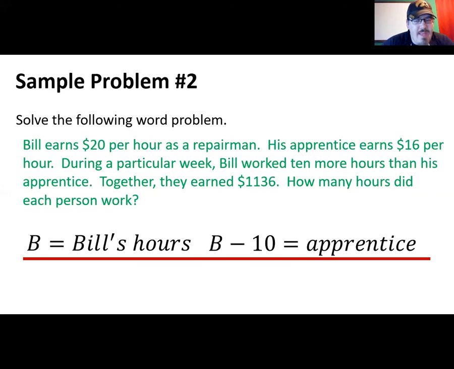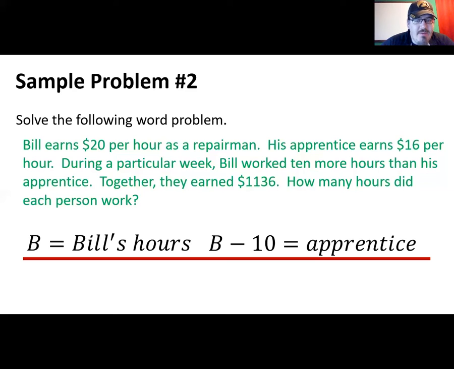So I'm actually doing the opposite of how it's written in the problem, because since Bill worked more, we have to subtract off of his amount to find the apprentice, because the apprentice worked less hours. So B minus 10 is going to be our expression for the apprentice's number of hours.